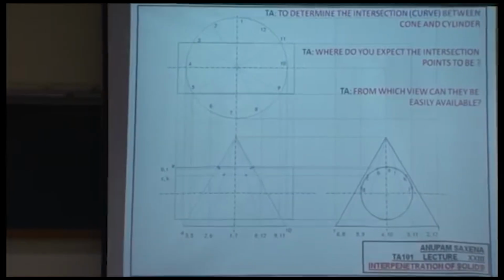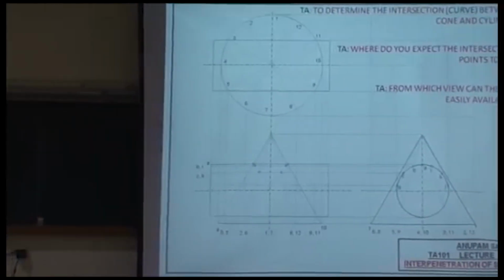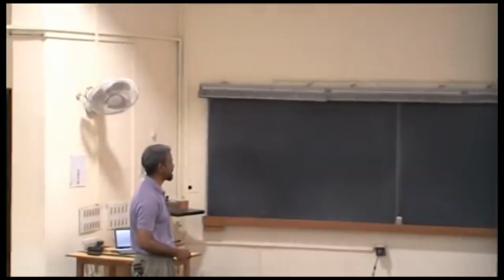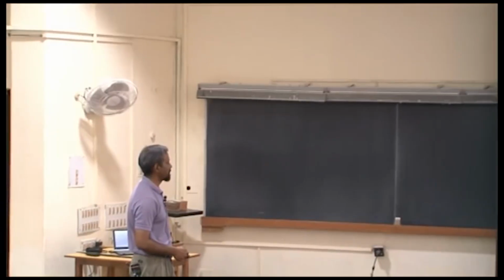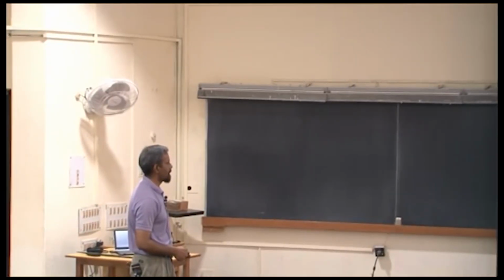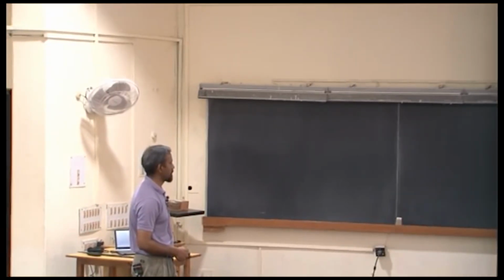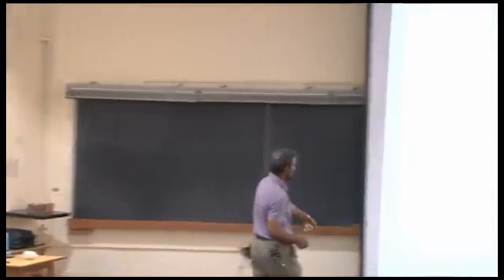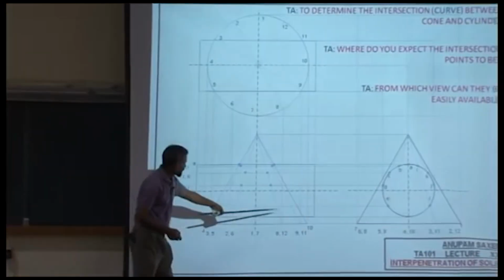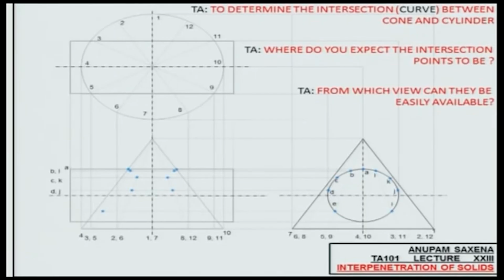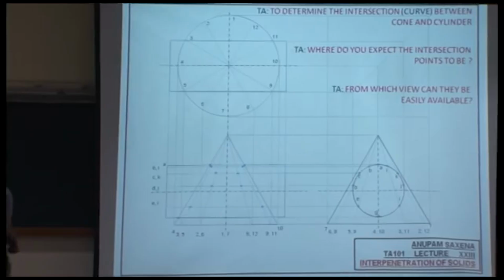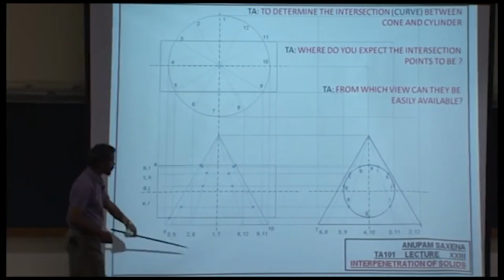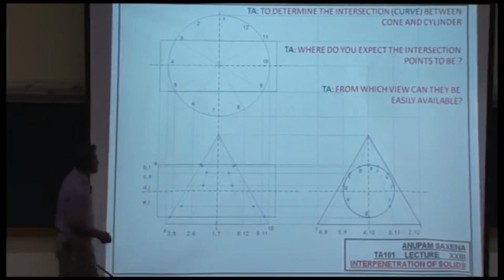So D and J, they lie on 6, 8. Project that, identify 6 and 8. E and I would lie on 5 and 9, 3 and 11. 5 and 9 would be here, 3 and 11 would be here. And eventually the last point, G, will be lying on slant line 4 and slant line 10.